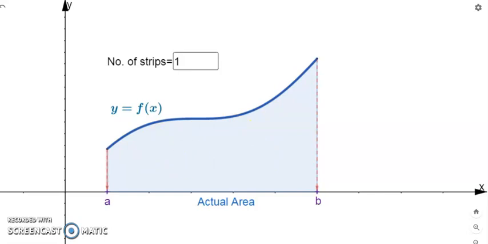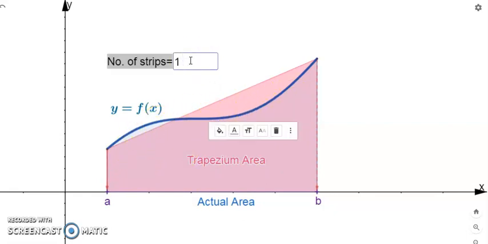Now, before we refer to the actual value, let us see diagram-wise what happens when I insert more strips of trapezium. Here I only have one strip of trapezium. As you can see, they are not really equivalent to each other in area. What if I insert two strips?